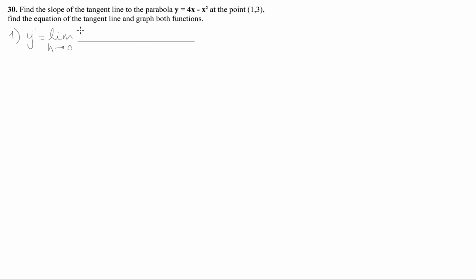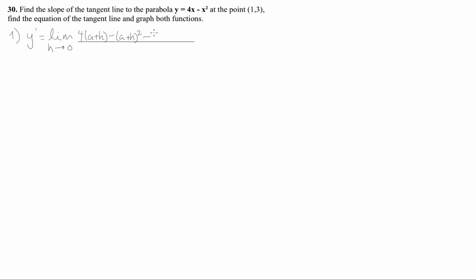So this will be 4 times (a plus h) minus (a plus h) squared. So we are done with the first part of the definition. Then we're going to subtract the second part of the definition, f of a.